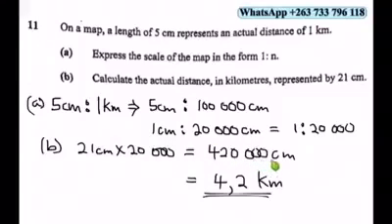Therefore, this will be 420,000 centimeters. We know that there are 100,000 centimeters. So 420,000 divided by 100,000, this will be 4.2 kilometers. Or we'll just divide this by 5 centimeters. This is 21 divided by 5. This will give us 4.2, but in kilometers.